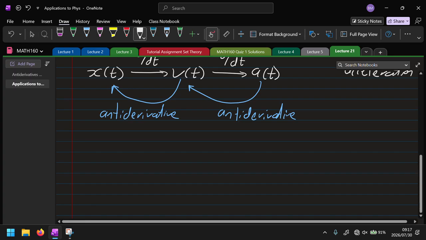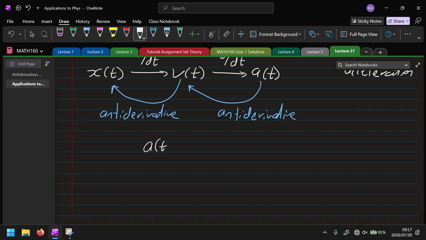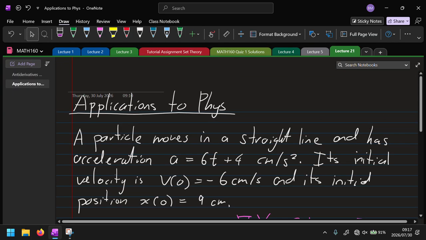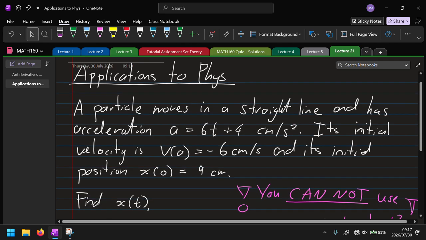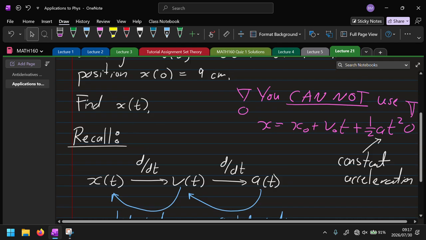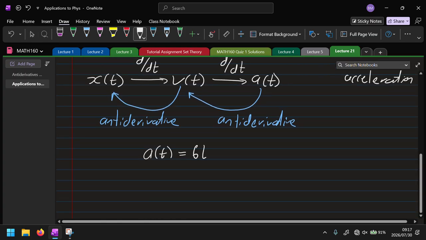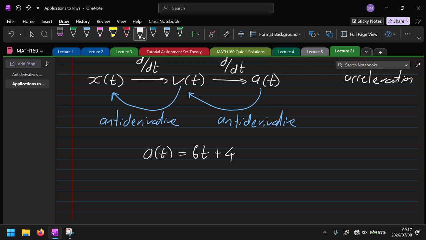So with all that out of the way, let's go through the working. We start with the acceleration from what's given there, 6t plus 4. And we just follow the same steps as before. We want to do the antiderivative. We don't call this capital A like we did with the functions. We know that this is going to be the velocity.